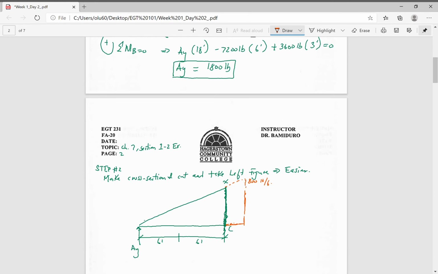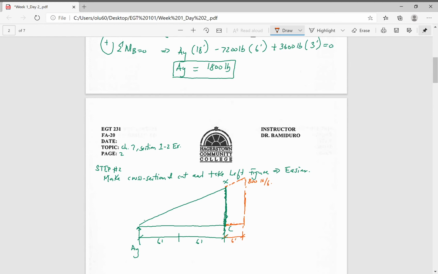If we were to extend that, we can use the similar triangle technique, whereby we know that this right here, of course, is 6 feet.